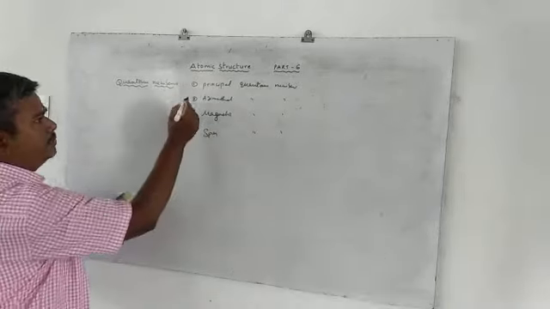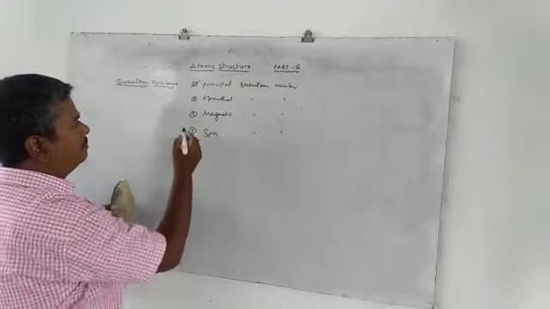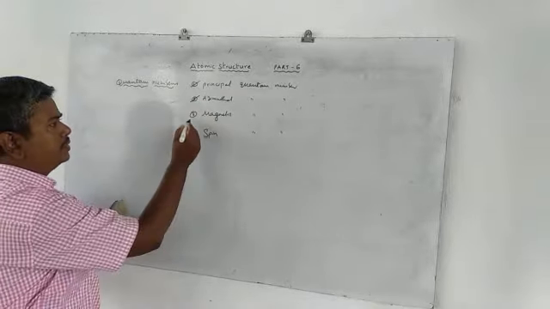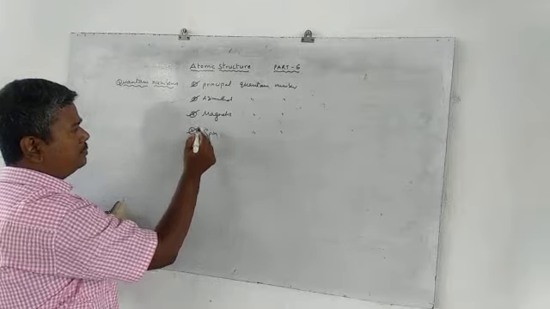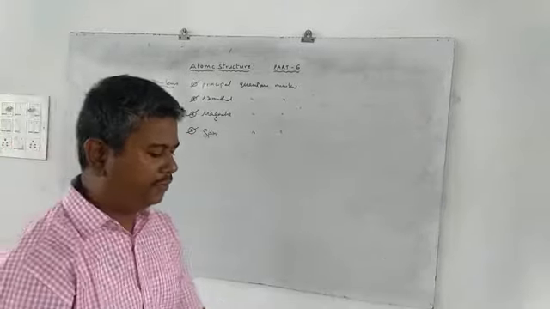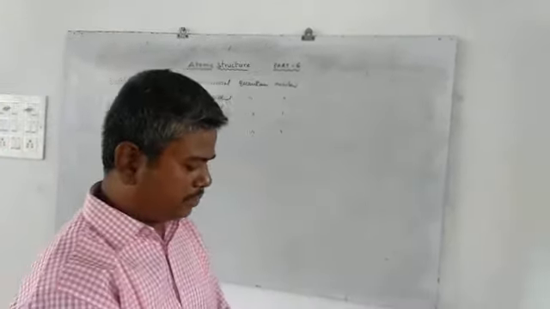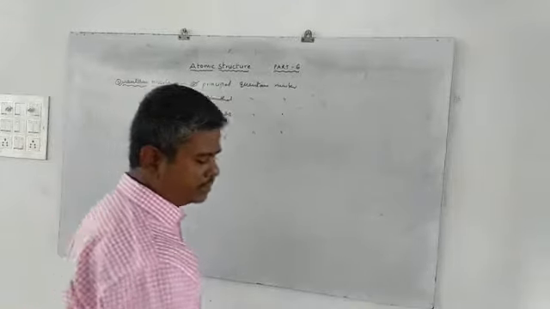So we have how many quantum numbers? Principal quantum number, azimuthal quantum number, magnetic quantum number, and spin quantum number. Now we discuss one by one the 4 quantum numbers.